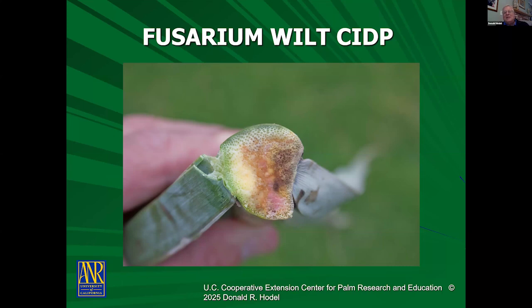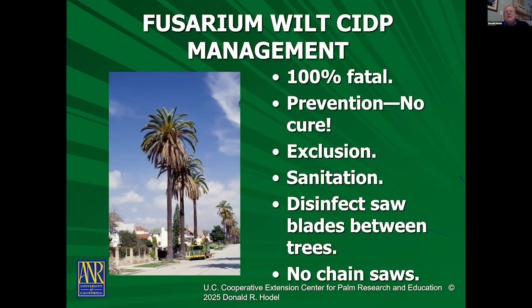Sometimes a cross section of a leaf rachis will show discoloration, and also the pinkish flush seems to be associated with Fusarium wilt. So remember, it's 100% fatal. There's no cure for it, so we have to prevent it, exclude it. Sanitation is important.